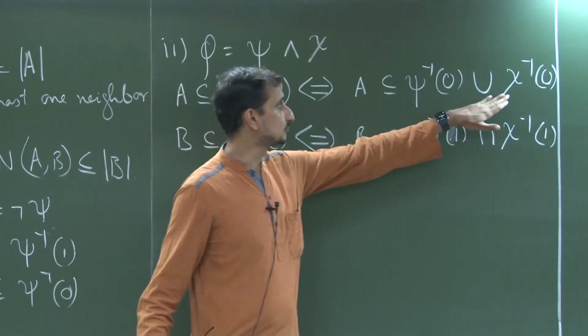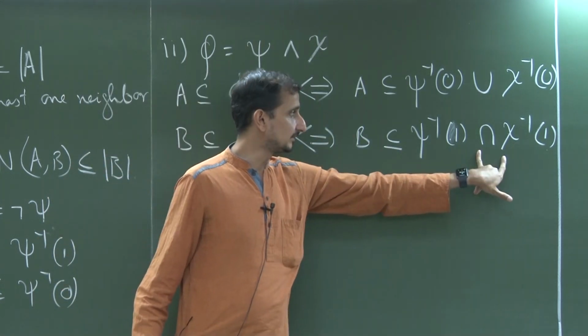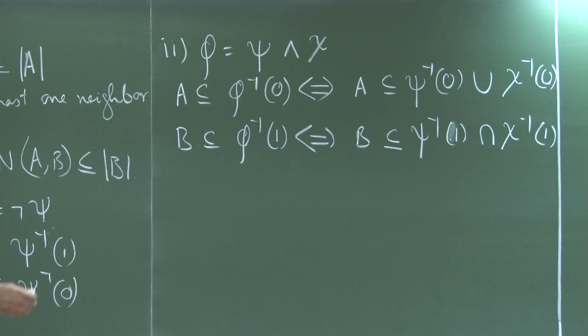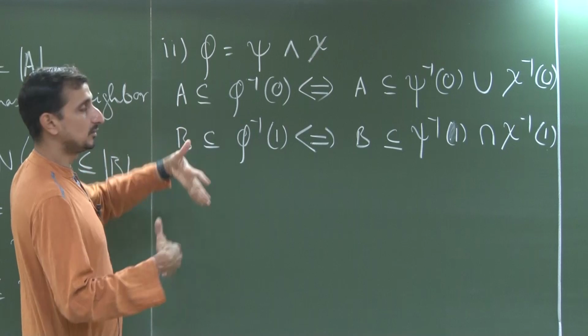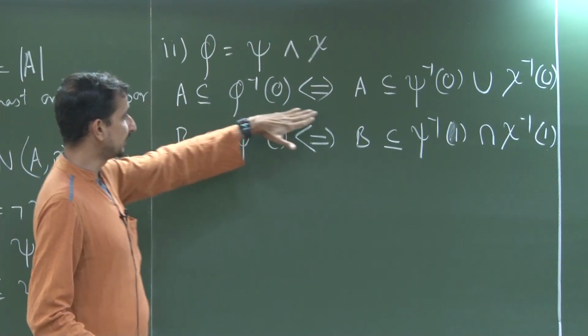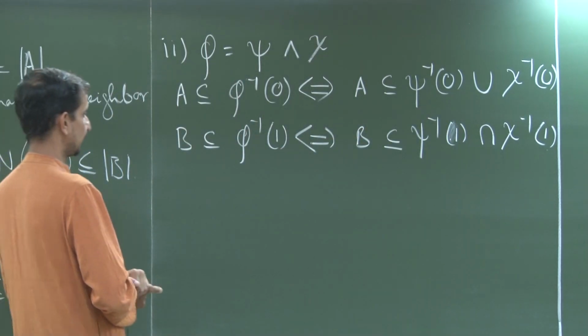So, if either of them goes to 0, then this would go to 0, and if both of them go to 1, this will be 1, right. So, now we know how to state an input in terms of the sub formula over here.